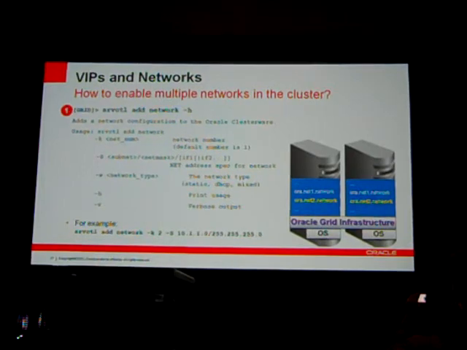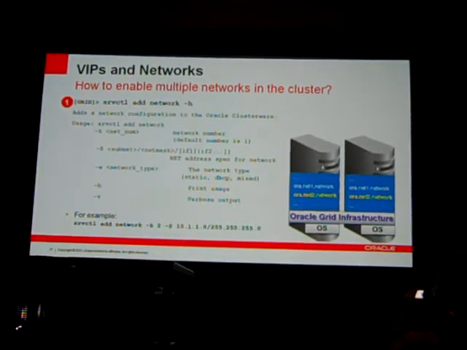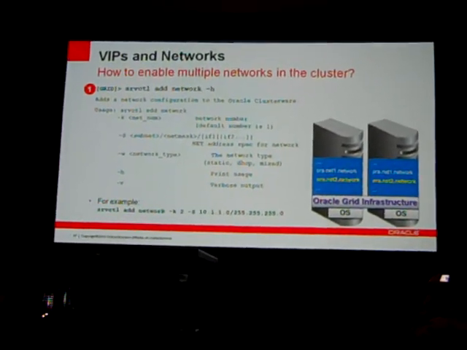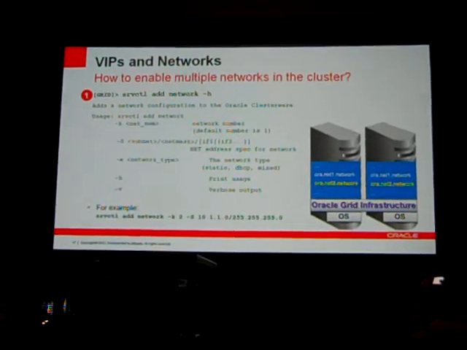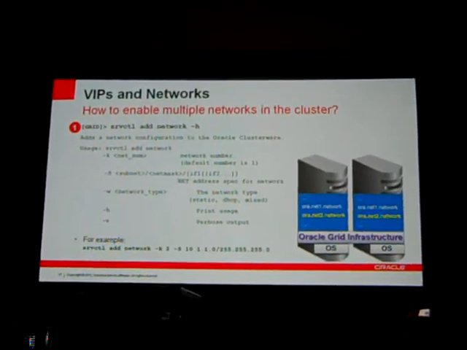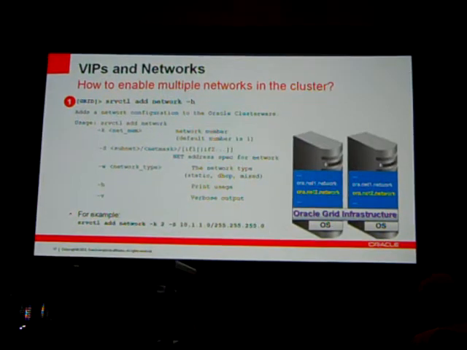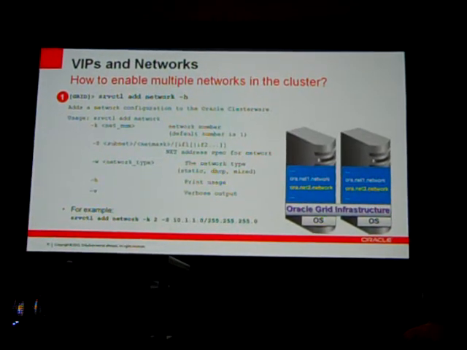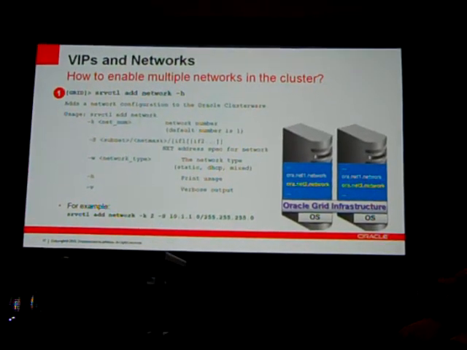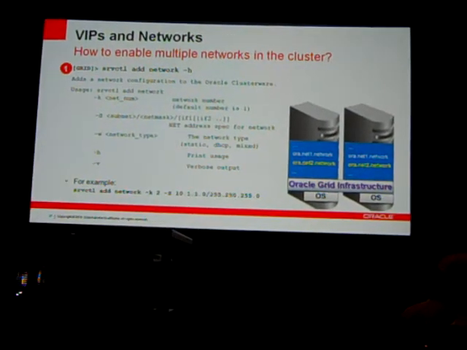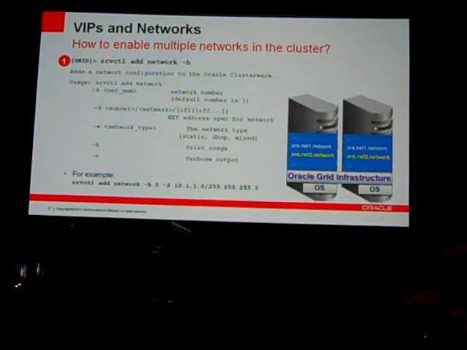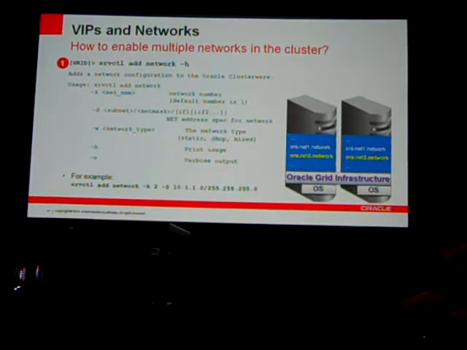So you install your cluster with one public network, maybe 192.168, whatever, and then later you say, well, I need one that is routable, 141.142, and so forth. Then you add another network, and you provide it with another network number, as I have shown here in my example, and you create another network on the public network.